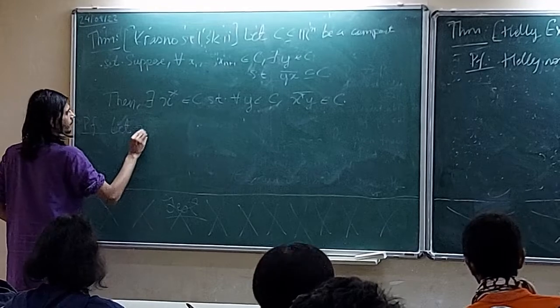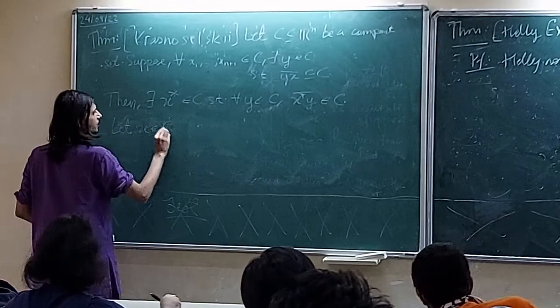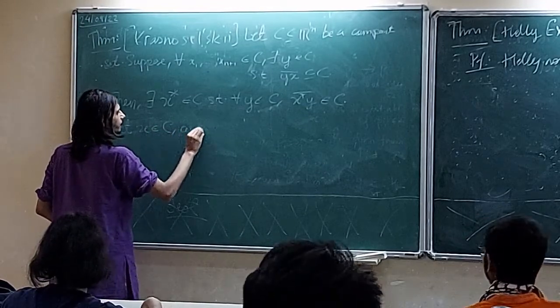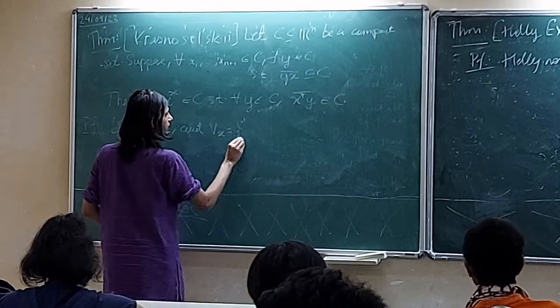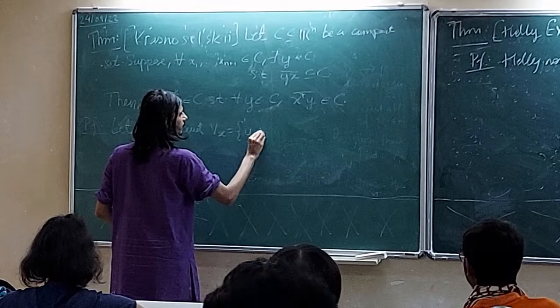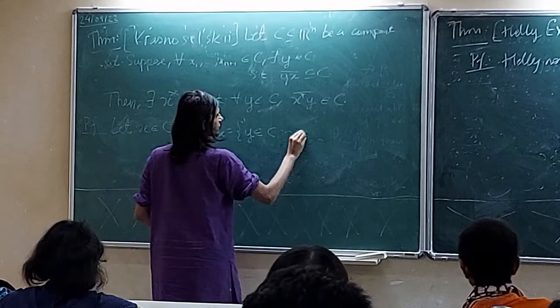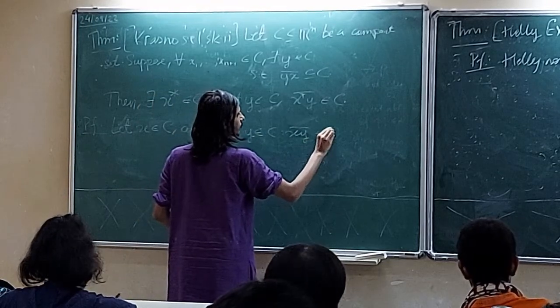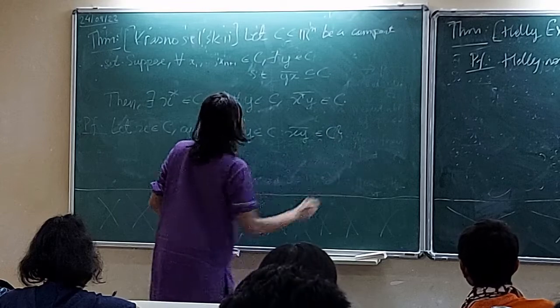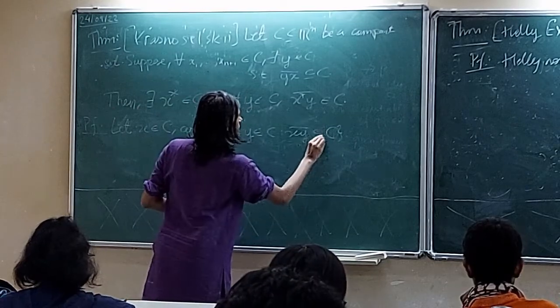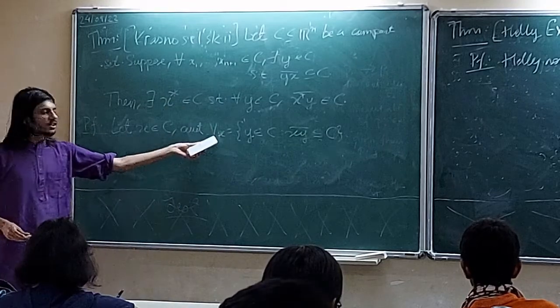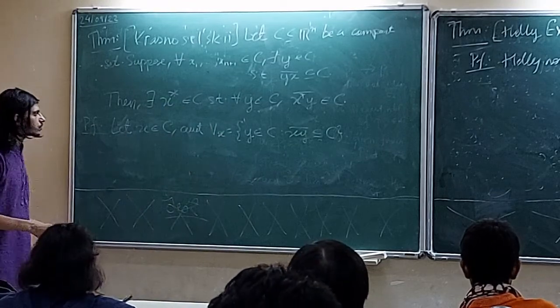Let x be in C and Vx be the set of all points visible from x, that is, y such that the segment xy is a subset of C. So these are the V. The letter V is being used for the word visible.